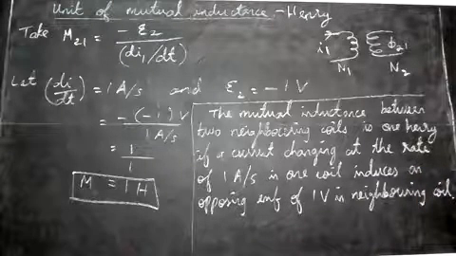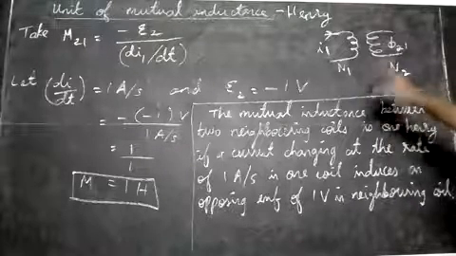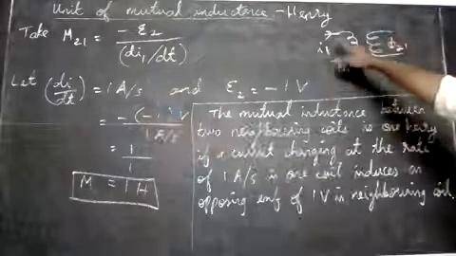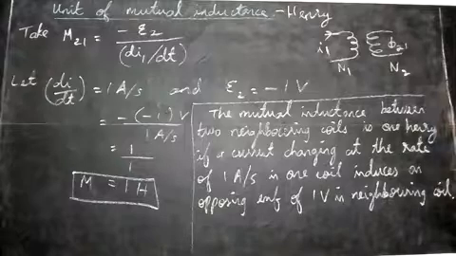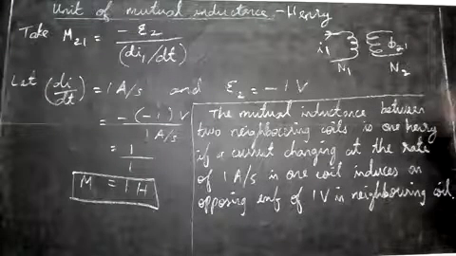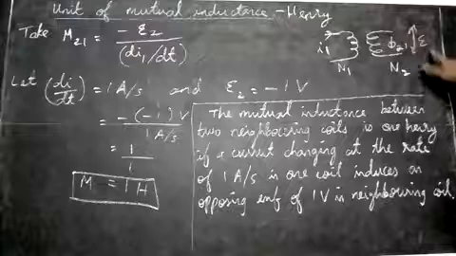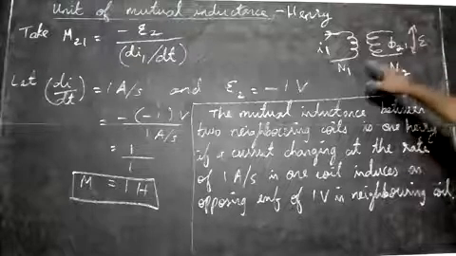Let's see what it means. If a current changes at the rate of 1 ampere per second, it produces an EMF in the second coil. If that EMF is 1 volt in the neighboring coil, then you can say the mutual inductance between these two is 1 Henry.